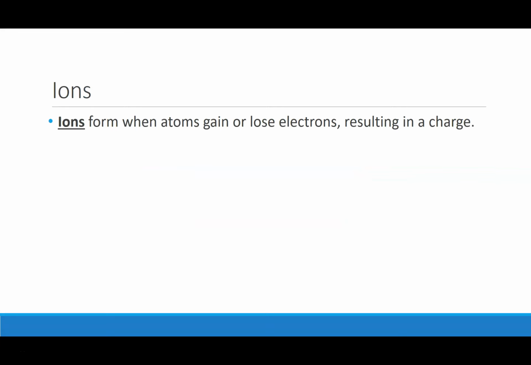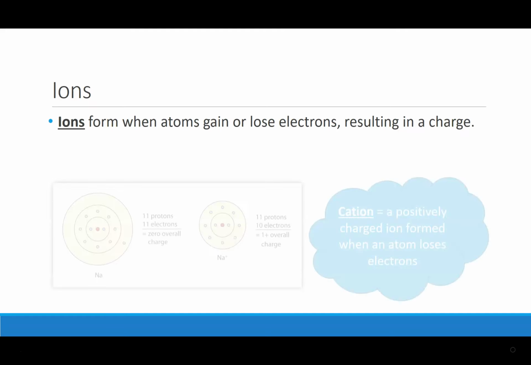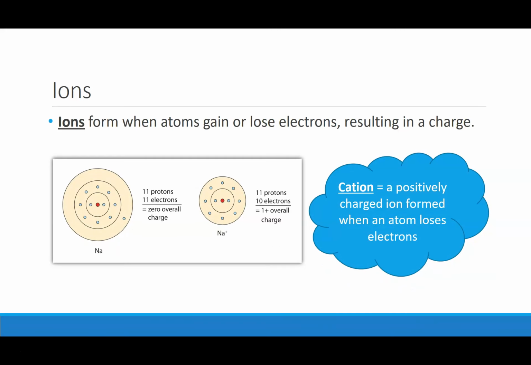Ions are formed when atoms gain or lose electrons. Because electrons have a negative charge, gaining or losing electrons will result in a charge. A cation is a positively charged ion that is formed when an atom loses electrons.